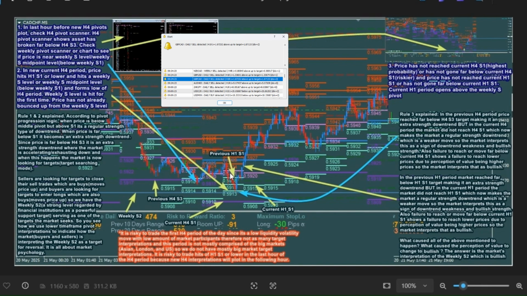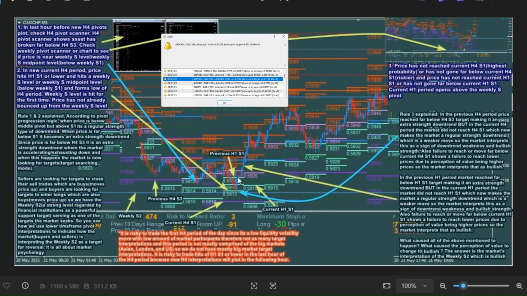That shows a regular strength downtrend, which shows that the market has gotten weaker, right? It went from an extra strength downtrend in the previous H4 period to a regular strength downtrend in the current period. So the market interprets that as downtrend weakness and bullish strength.